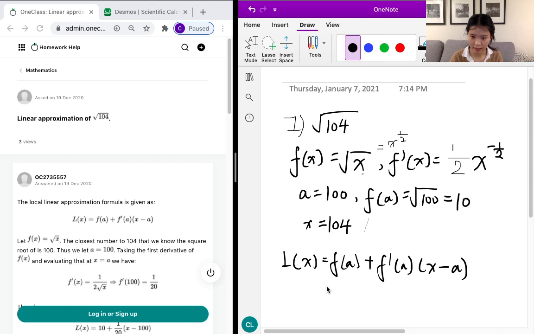Okay, and next let's find f prime of a, because we need the value of this in order to do our linear approximation.